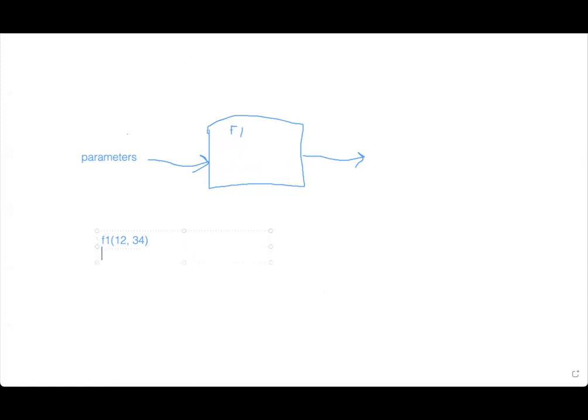What comes out of our function is going to be from the return statement, so we're going to have the return keyword on the other end. The only way to get information into the function is to send it as a parameter. The only way to get information back from the function is to return from it.